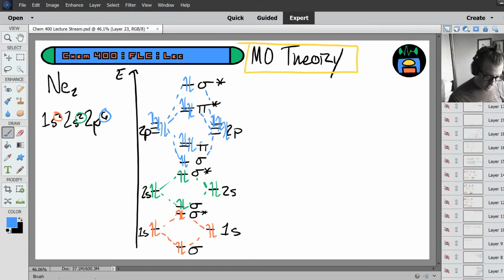Now, this is the molecular orbital diagram. Let's calculate the bond order.